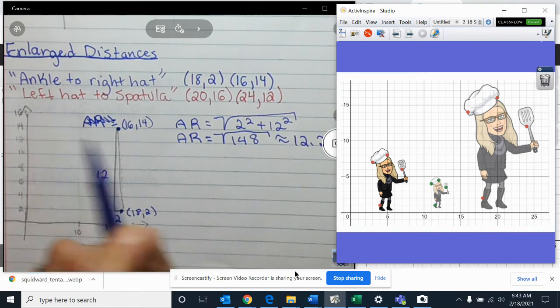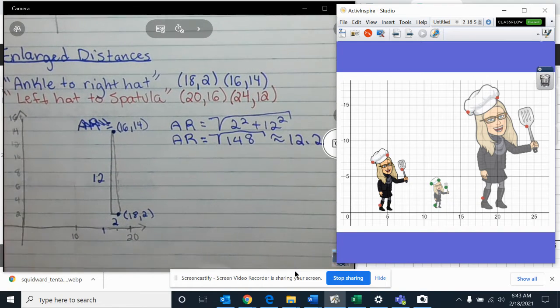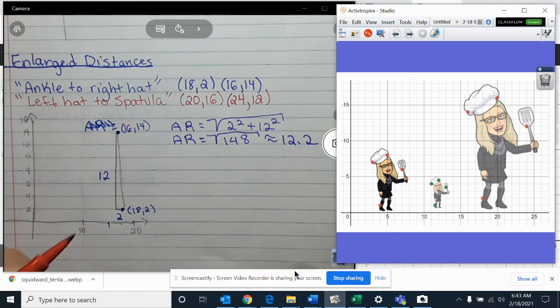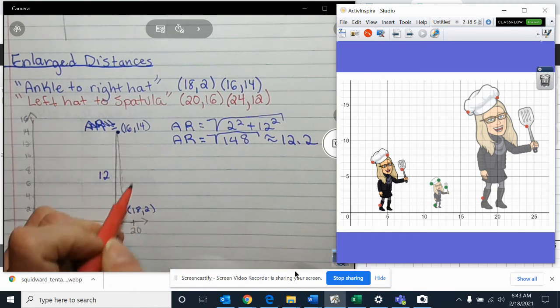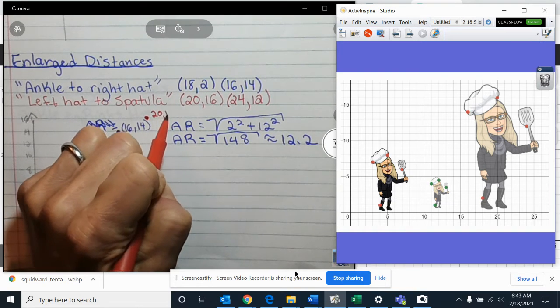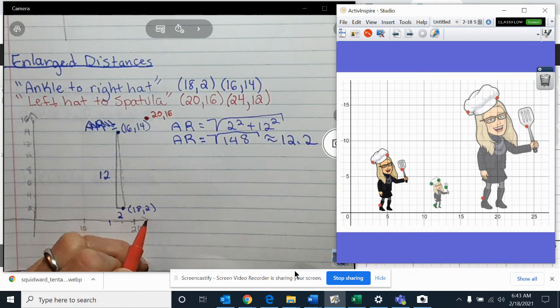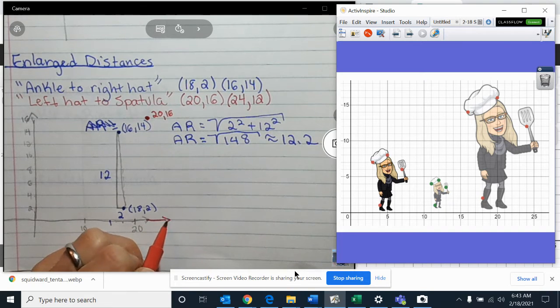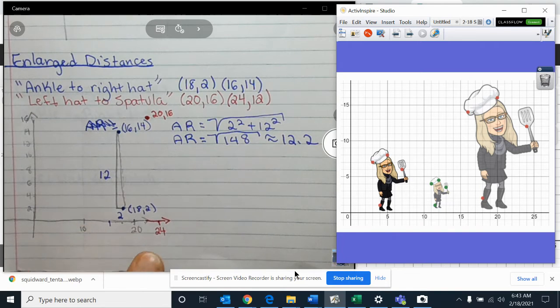Now let's do the last one, the left hat to the spatula. Sorry. And the left hat is at 20, but up 16. So here's 20 and 16. But then we need to go a little bit more on our x-axis. And again, the point is just to get the triangle.